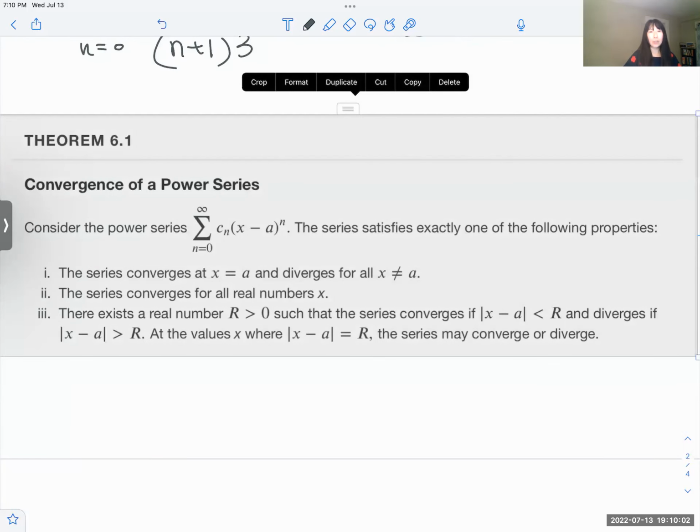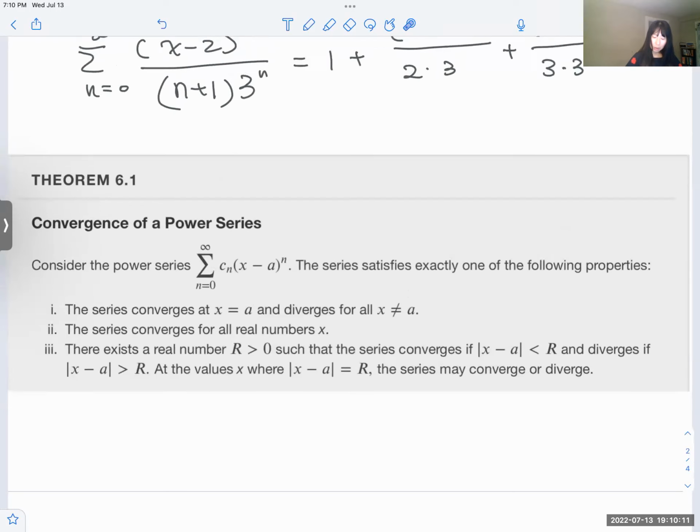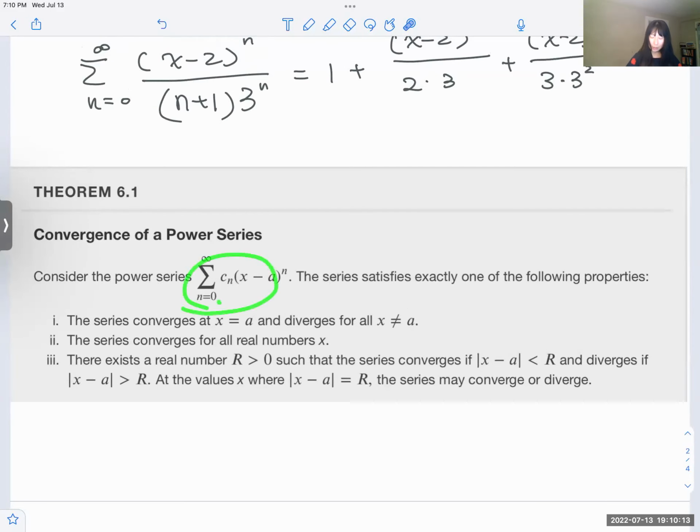Okay, so this is the one, convergence of a power series. We have it centered at x equal to 8, right? All right.